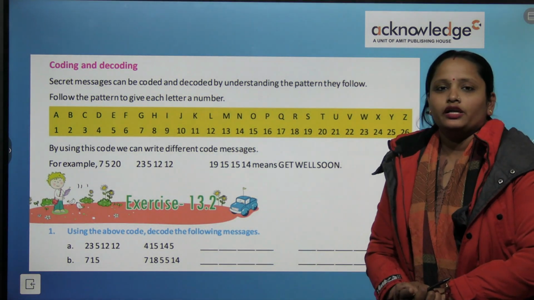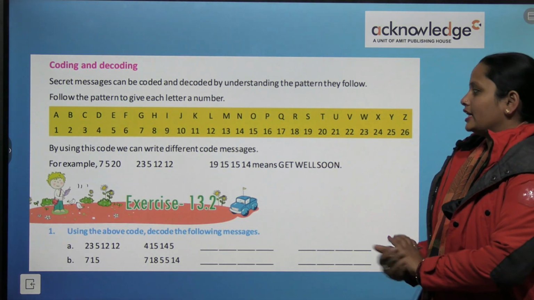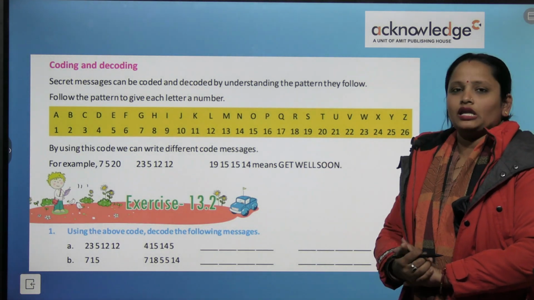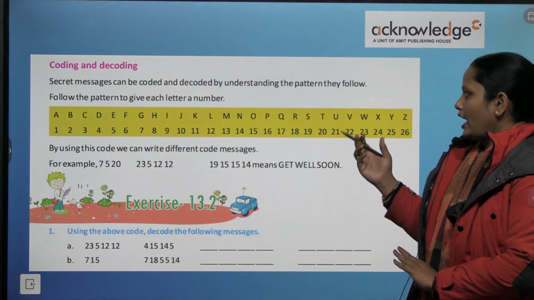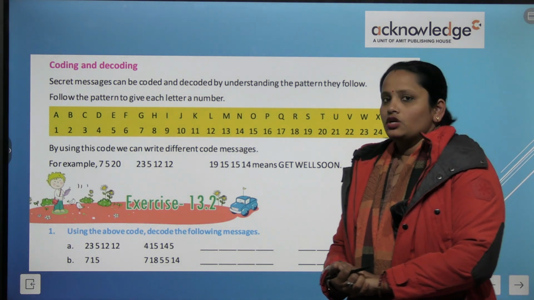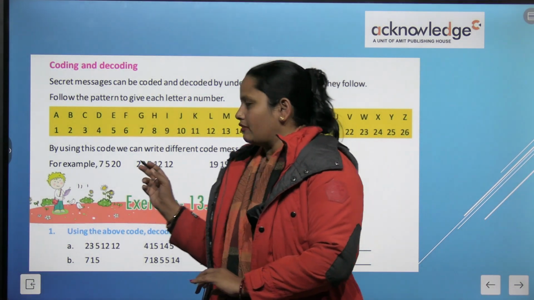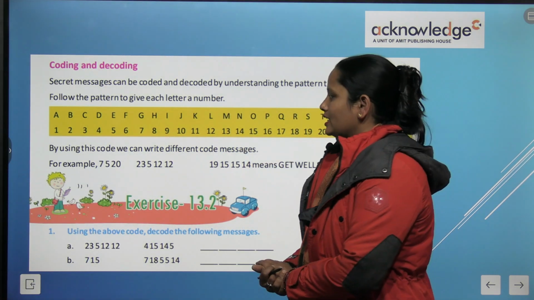As we all know that there are 26 letters in English alphabet. तो A को हमने नंबर 1 दिया है. Similarly B2, C3, D4 and so on. Z को हमने 26 नंबर दिया है. So by using this code we have to write different code messages.